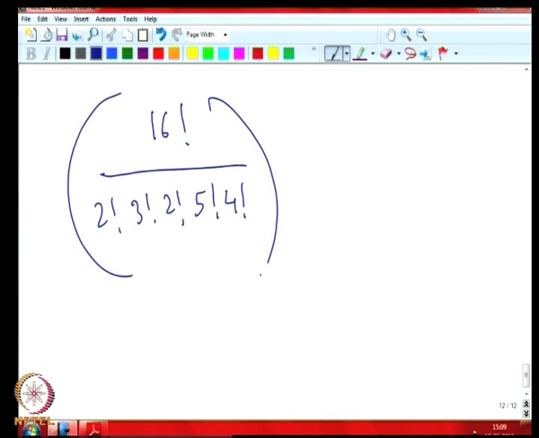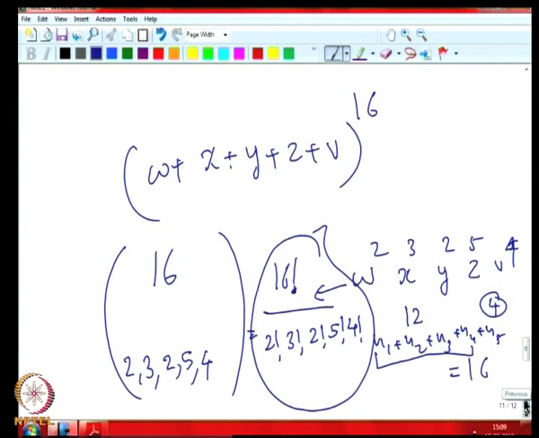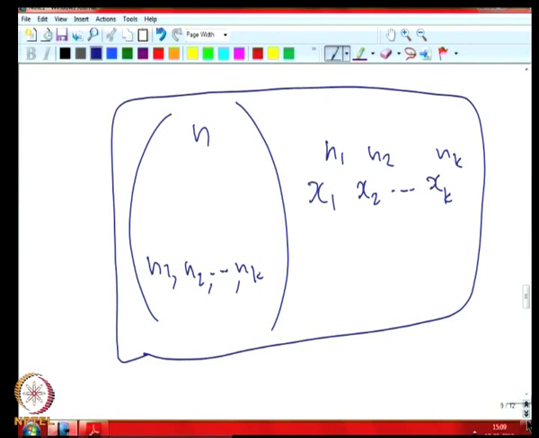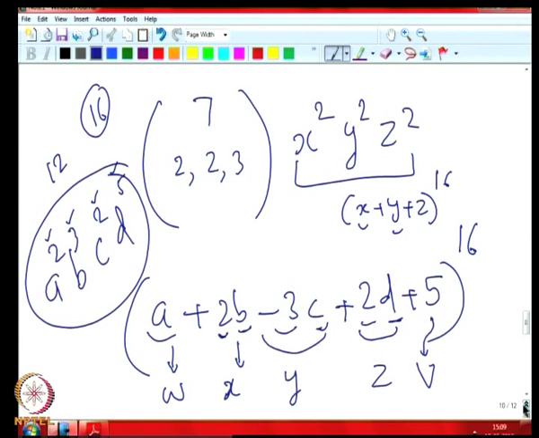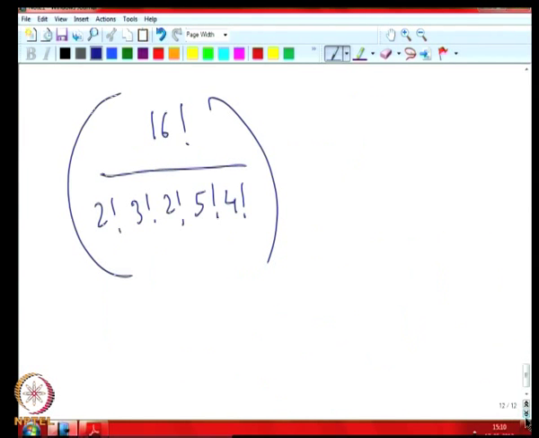But then this will be the coefficient of w raised to 2, but w as such we know is a, so we are looking for a square. But x raised to 3 corresponds to 2b raised to 3, that will contribute another 8 into this, because 2b raised to 3, so b raised to 3 and this 2 raised to 3 will become 8 here.